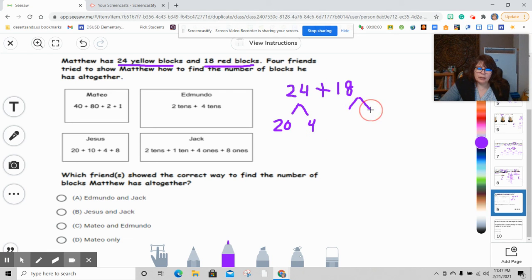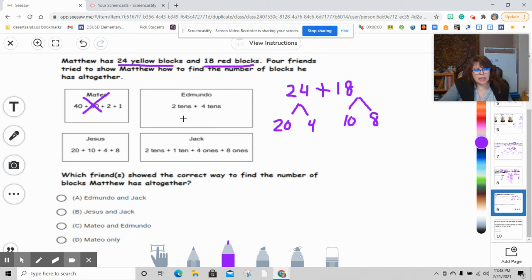So I break them apart, and then we have a 10, and then I have an 8. So I don't see 80 or 40. It's not even going to make 40, because I have 20 plus 10 more will be 30. So this would not be a good choice. Mateo is incorrect.